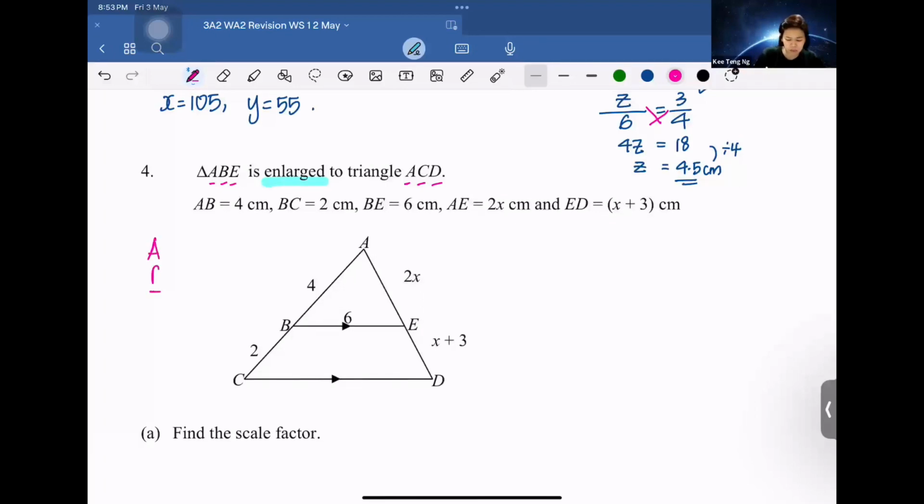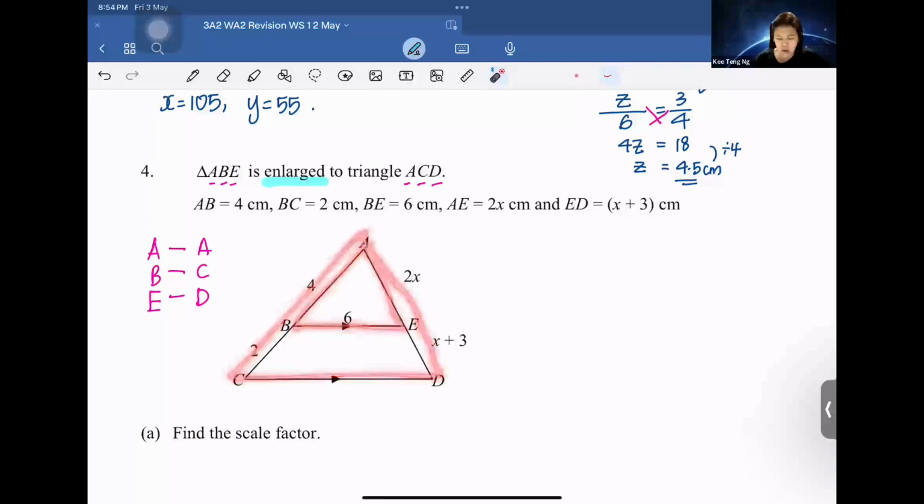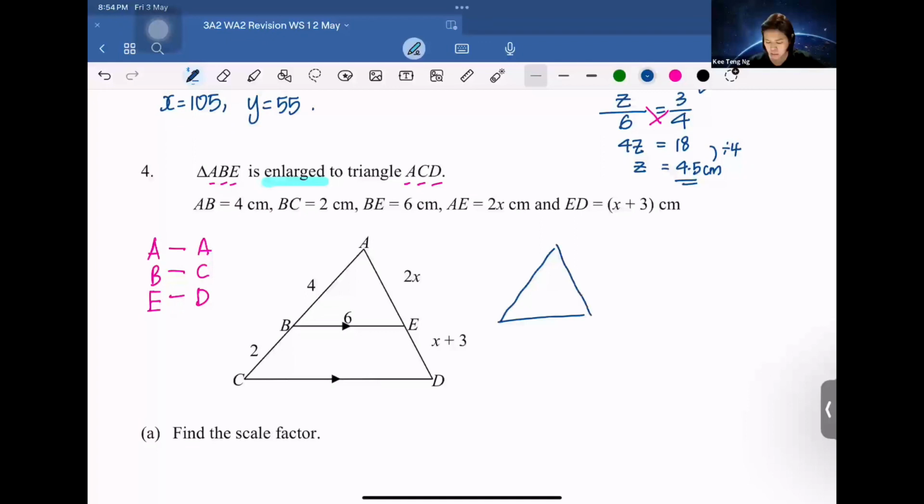ABE matches with ACD. For me, I noticed that the triangles are overlapping. So one triangle over here, another triangle over here. I do not like to have misleading triangles and misleading information. I know that only the triangles are similar. So what I'm going to do is draw out and model after a small triangle.